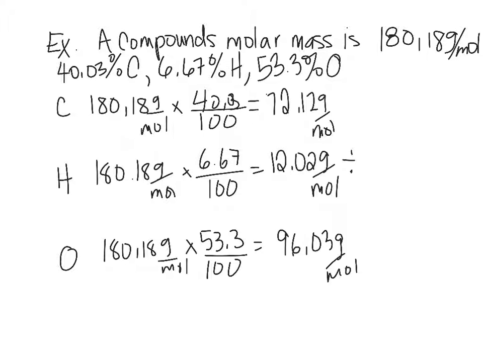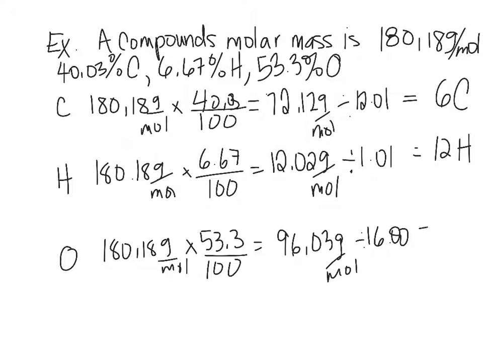So now, take those numbers and you divide by the molar mass for the element. So the first one will be divided by 12.01, second one 1.01, and the last one 16. First one's 6. Last one's 6.005, but you round it off.